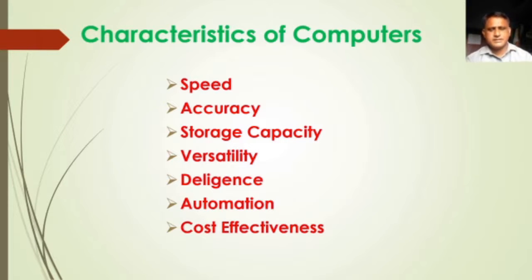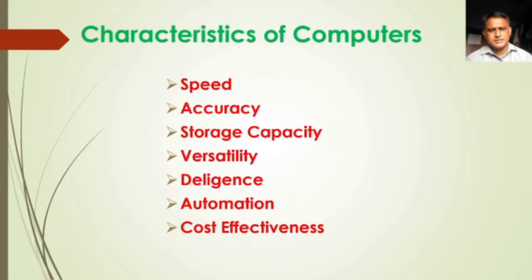Then we have cost effectiveness, the ratio between the price of the computer and the work it does. Once the initial investment is done and you have installed a computer, it never requires much maintenance. The maintenance cost is very low for computers.